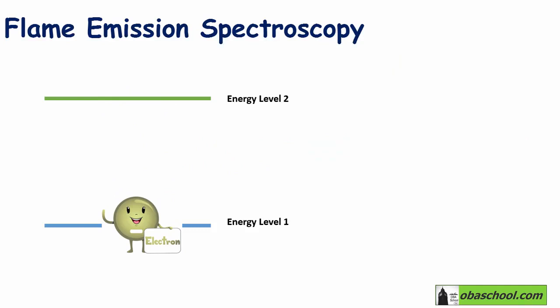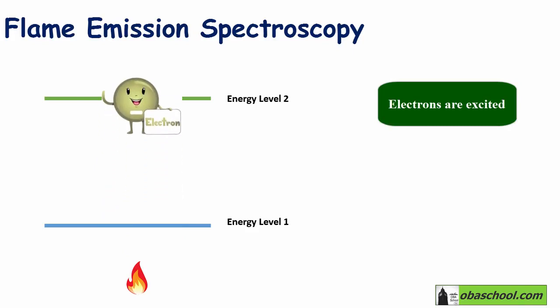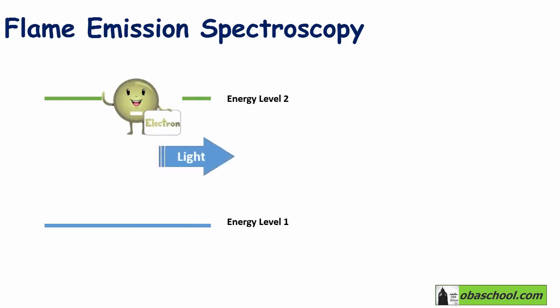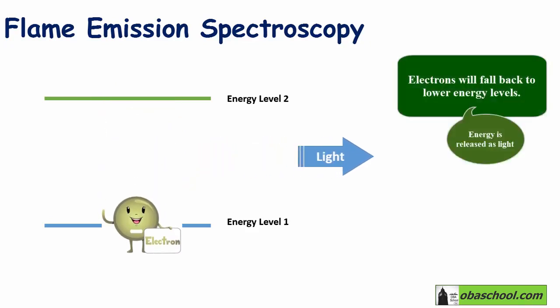So, the sample will be heated in a flame. When heated, the electrons will be excited and they will move to a higher energy level. And then, of course, they will lose this energy and return to lower energy levels. While returning to the lower energy levels, the energy will be released as light energy.